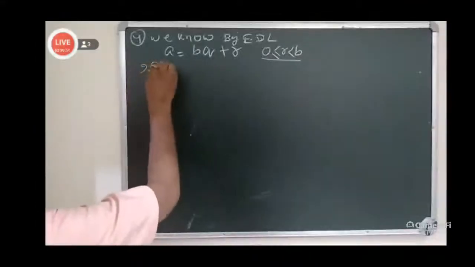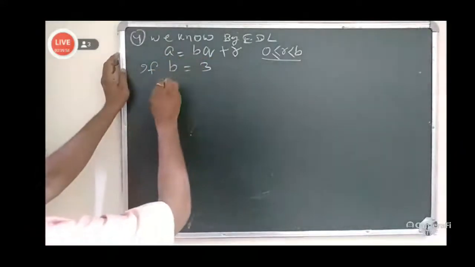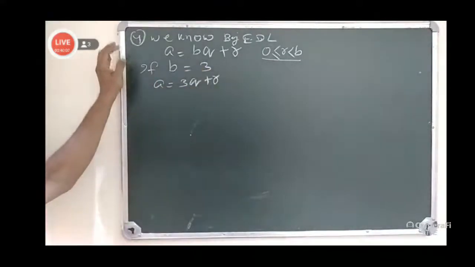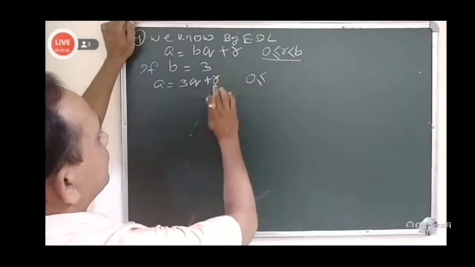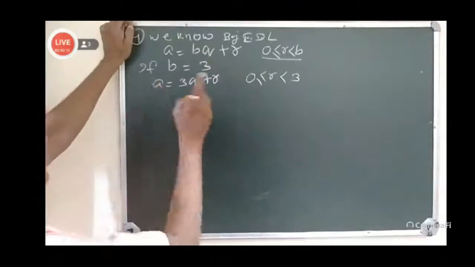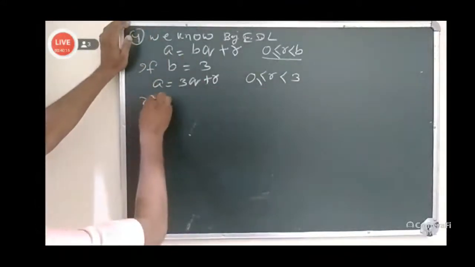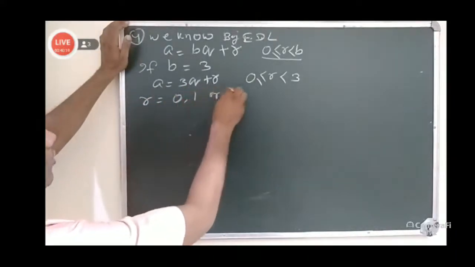When we take b equals 3, a equals 3q plus r. That means 0 ≤ r < 3. So what are the possible outcomes of r? r equals 0, 1 or 2.